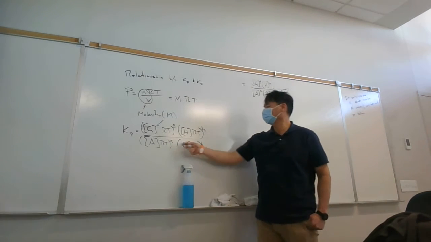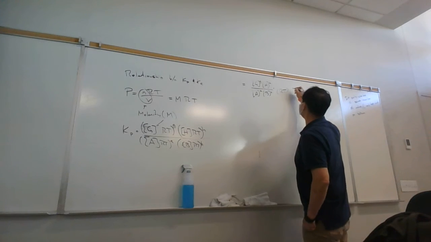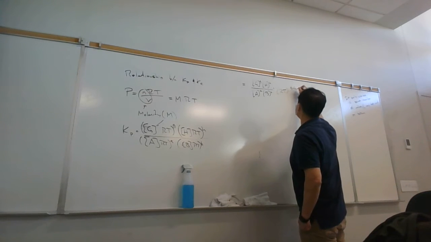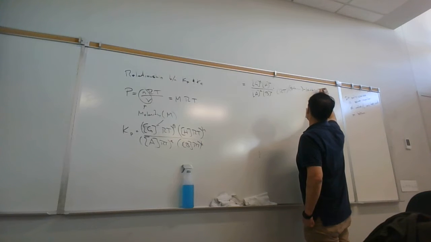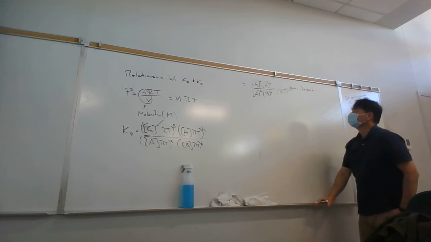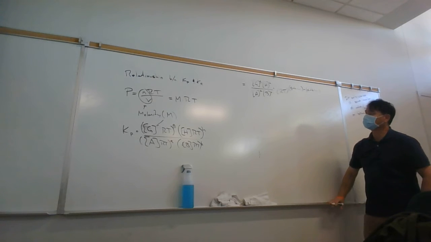I'm going to skip a step here: G plus H plus dot, dot, dot, minus A plus B plus dot, dot, dot. And we're going to call this delta n of gas.